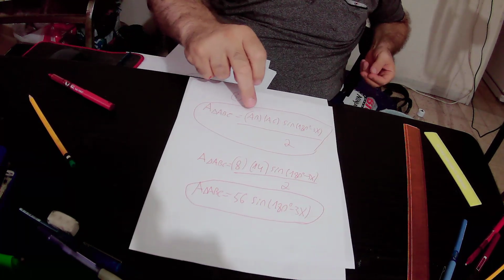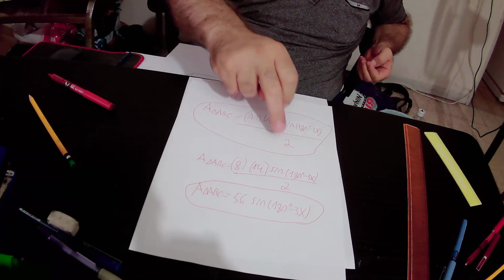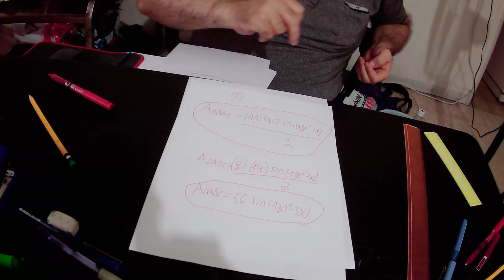So we can substitute AB by 8 and AC by 14. And we have here sine of (180 degrees minus 3x). So the area of triangle ABC equals 56 times sine of (180 degrees minus 3x).